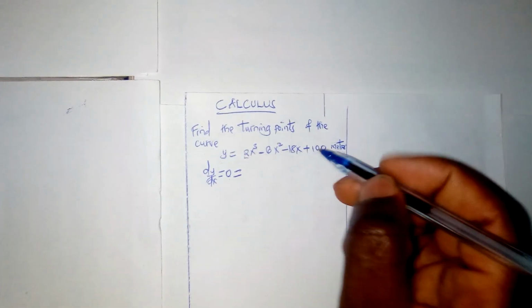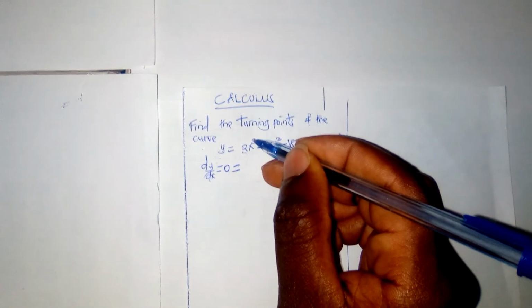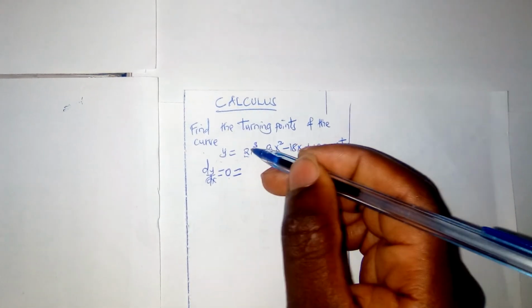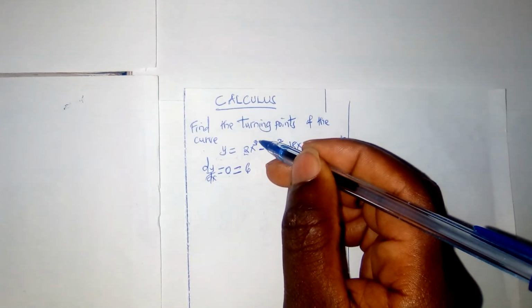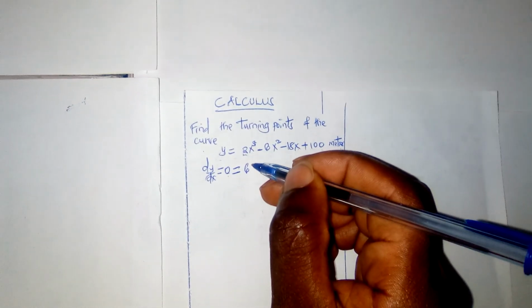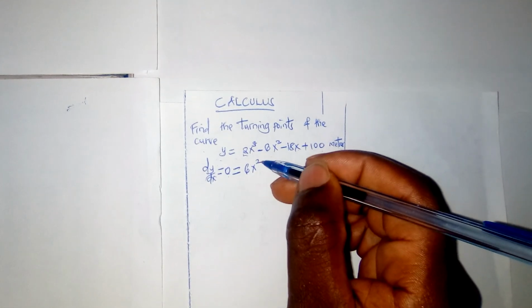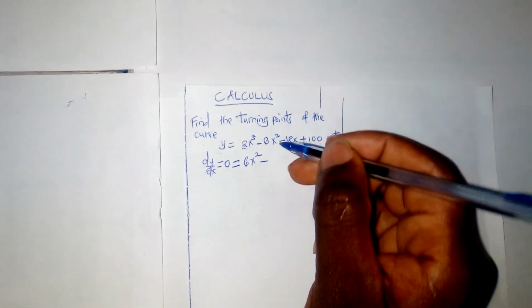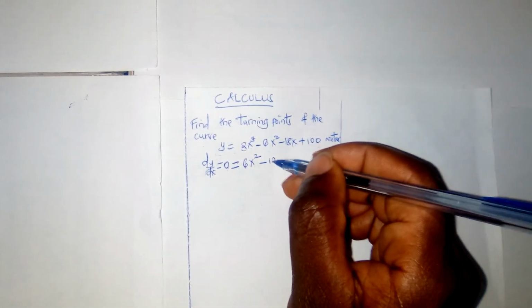My dy/dx, by differentiating, shall be: you just take 3, you multiply it by 2. So 3 by 2, that is 6. Then you lessen the power by 1. So 3 minus 1 is 2, so x raised to 2. Then minus, 2 multiplied by 6 is 12.